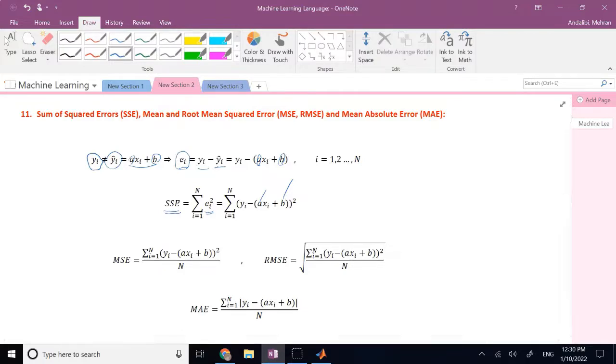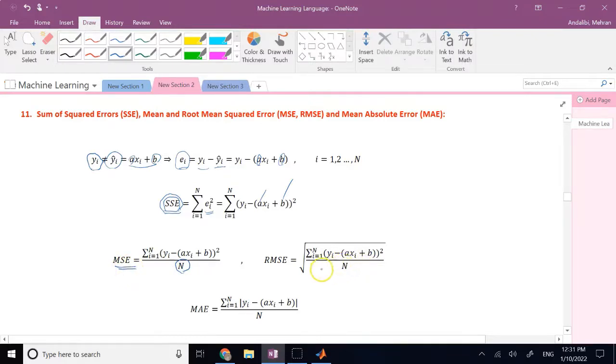That's the way that you do a least squares curve fitting or a regression problem, right? But that's not the only metric that you use for those optimization problems, sum of squared errors. Another way is you divide this summation by the number of points and call it mean squared error.